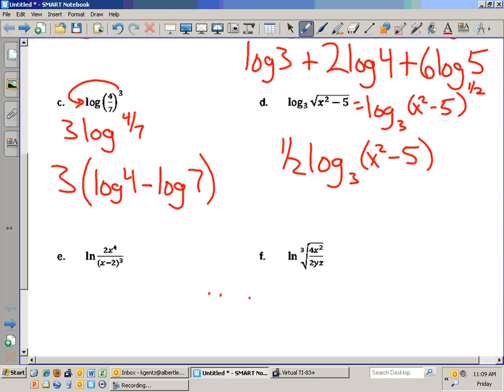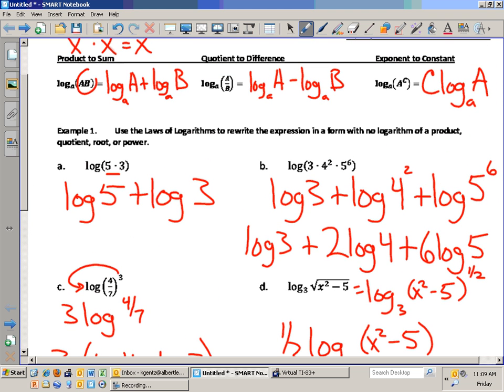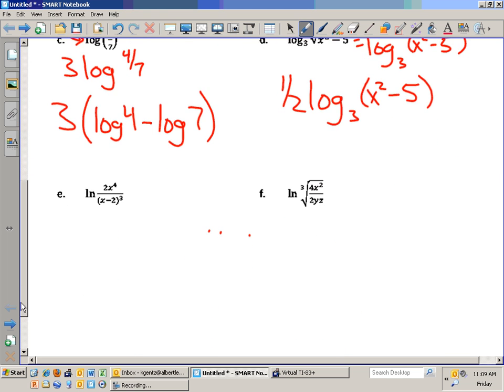Can I break up x squared minus 5? No, you cannot. You can only break it up if it's written as a product, quotient, or power to a power. See the difference? This is written as subtraction, 2 terms, can't break it up. It's done.